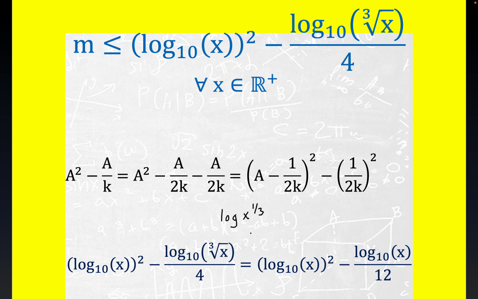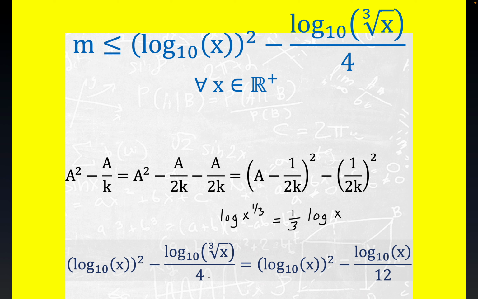But a very easy to prove and well-known result for logarithms says this exponent can just drift around to the front, become a multiplier or a factor. So this is equal to 1/3, and that's based on the multiplication property for exponents. It all follows immediately from stuff about exponents, exponential functions.